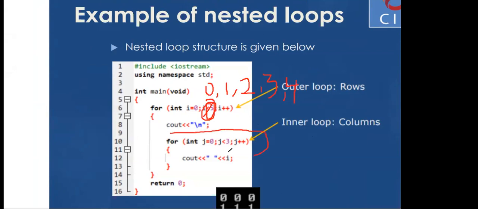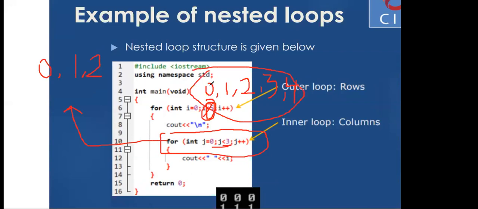About this one, immediately you can tell the numbers that will change: 0, 1, 2. 3 is not included. So everything that you're going to show will change between 0, 1, 2, 3, and 4 for the rows, because the outer loop, as we said, is for rows.